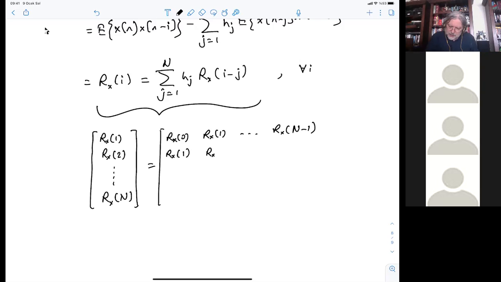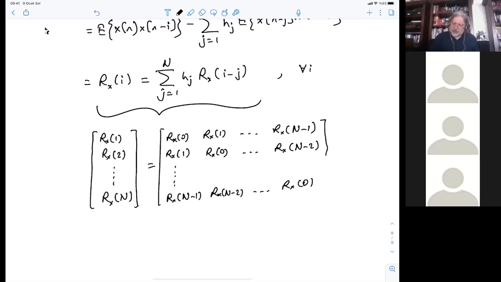And this is Rx of 0, all the way up to Rx of N minus 2. And these rows go all the way up to Rx of N minus 1, Rx of N minus 2, down to Rx of 0.